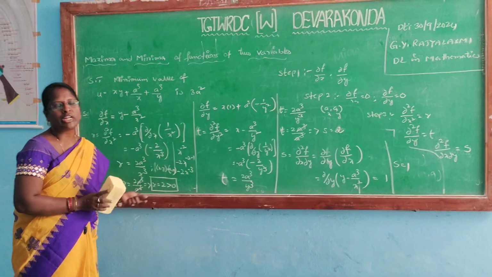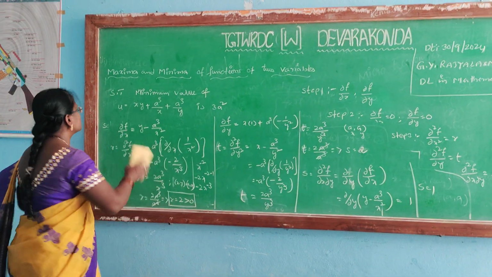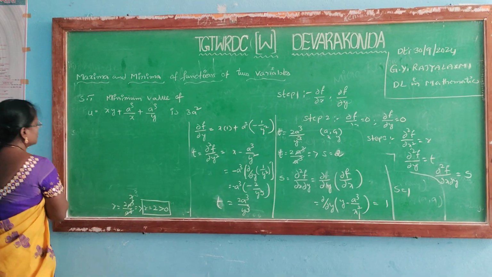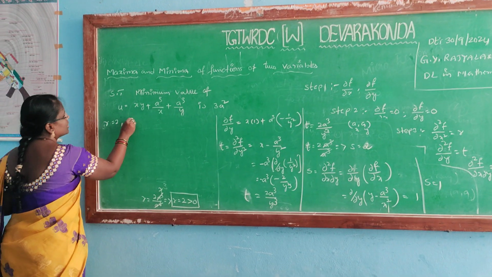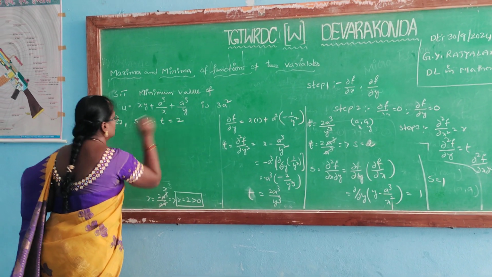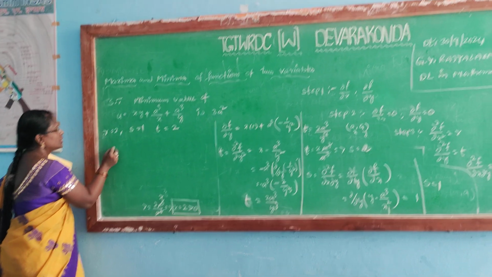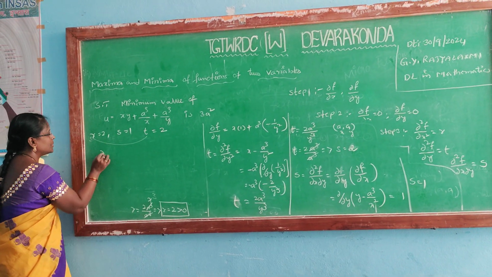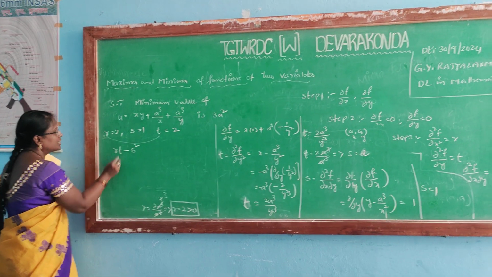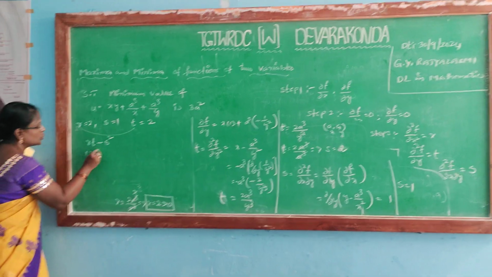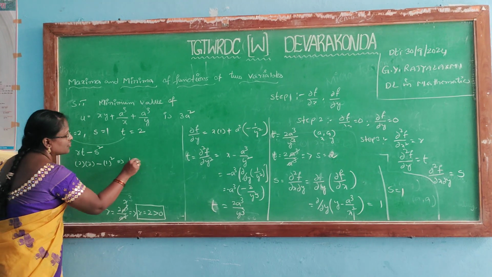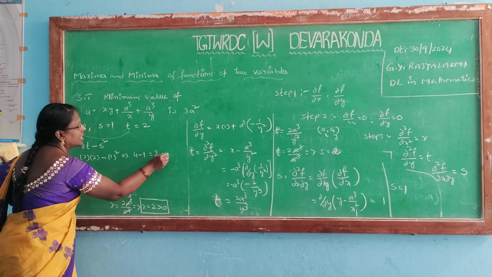Now with the help of these r, s, t values, we have to check whether the function has a minimum value, maximum value, or extreme values. So r equals 2, s equals 1 and t equals 2. The first condition is rt minus s²: r is 2 and t is 2, minus s squared is 1, that is 4 minus 1 equals 3, which is greater than 0.